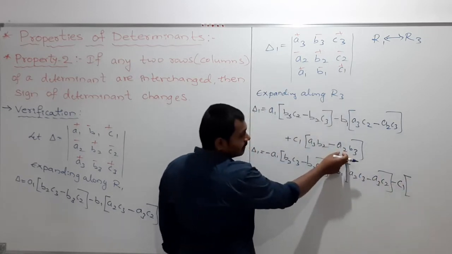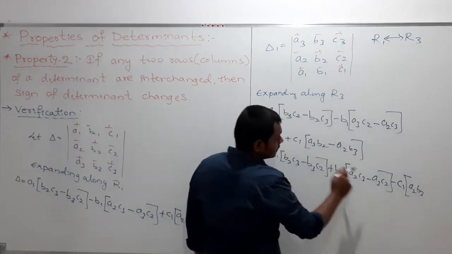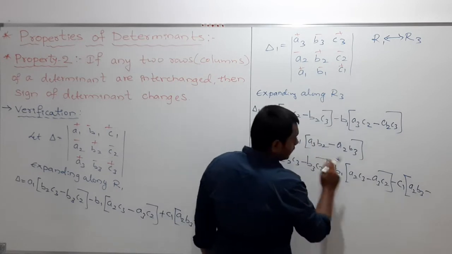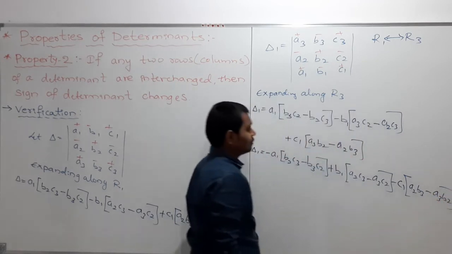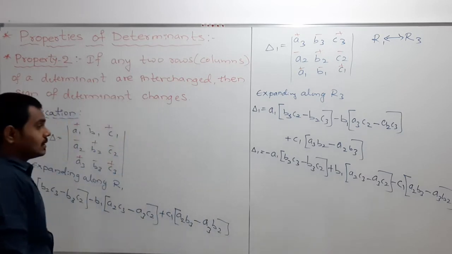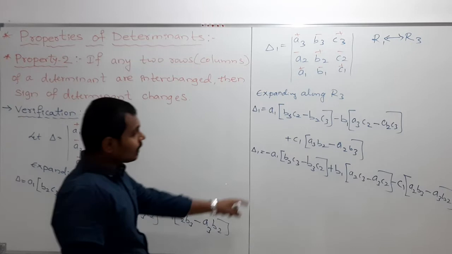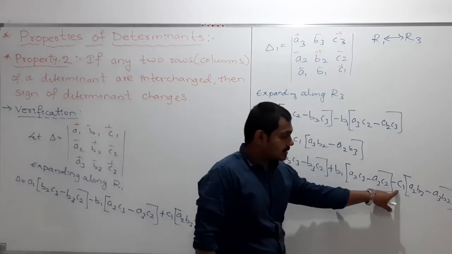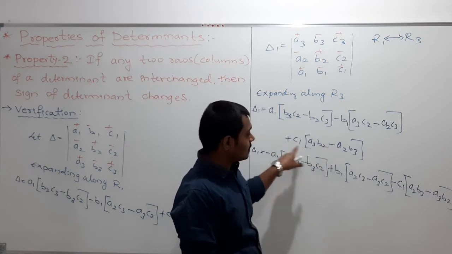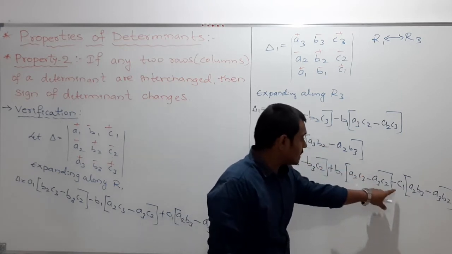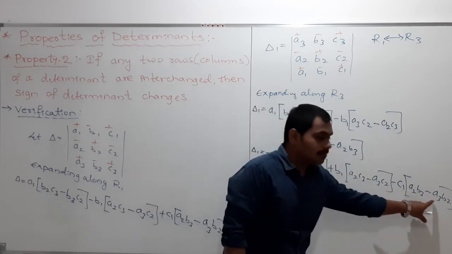Here again I will write first this term A2B3 and next this one minus A3B2. Clear? From this again I took the minus sign outside. So if I take minus sign outside, plus minus C1 as it is. First I wrote this term A2B3, next minus A3B2.